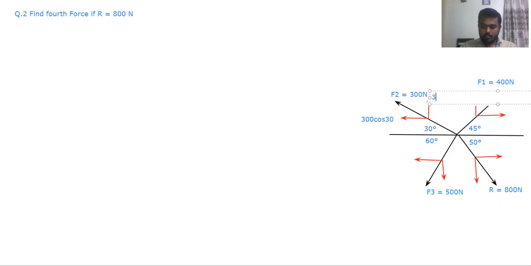Similarly this is 300 sin 30, this one. Okay. Similarly this one is 500 cos 60, and this one is 500 sin 60. So in this manner you can resolve the forces.